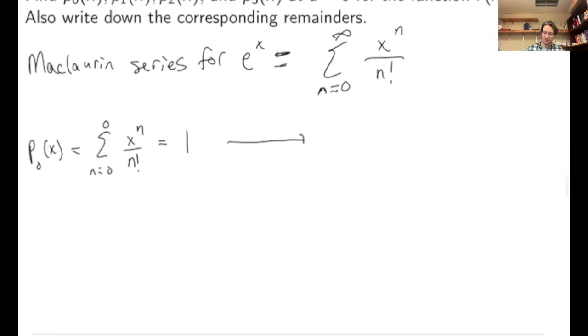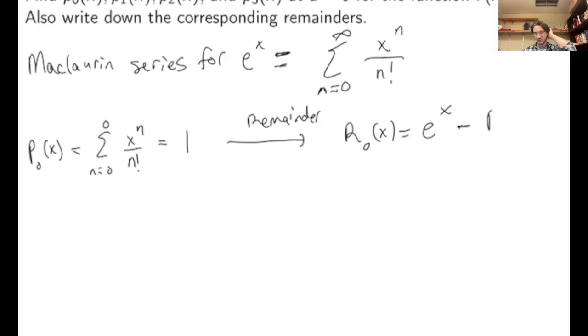The remainder R0 of x is e to the x minus P0 of x, e to the x minus 1. Okay. Take a second and write down what you think P1 of x is, and P2 of x, and P3 of x, and also write down the corresponding remainders.